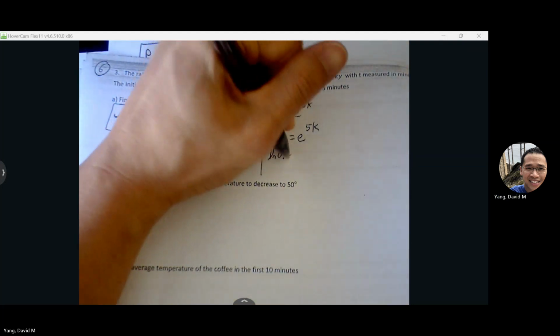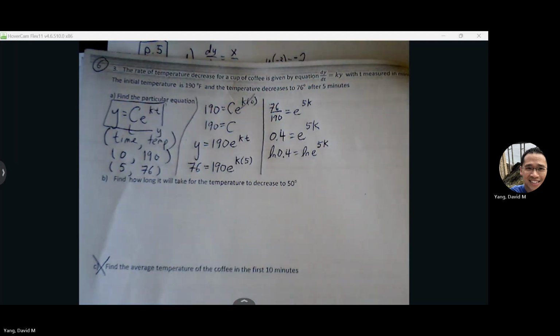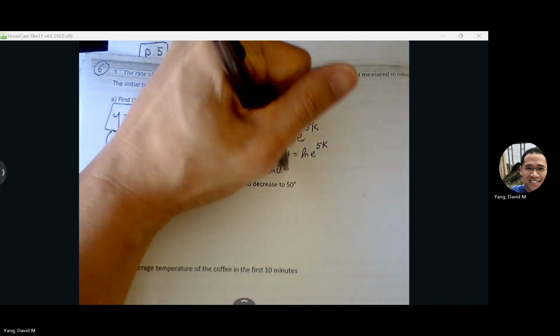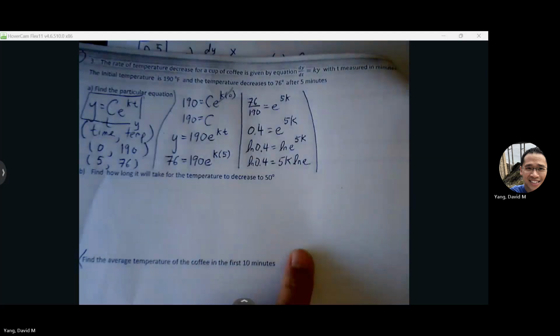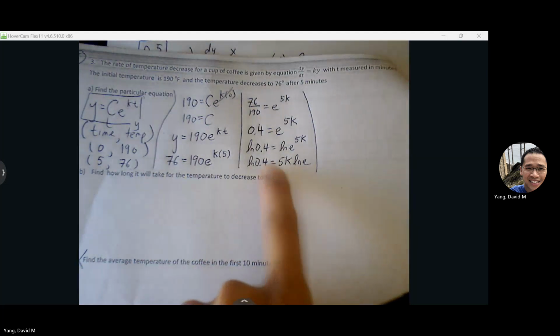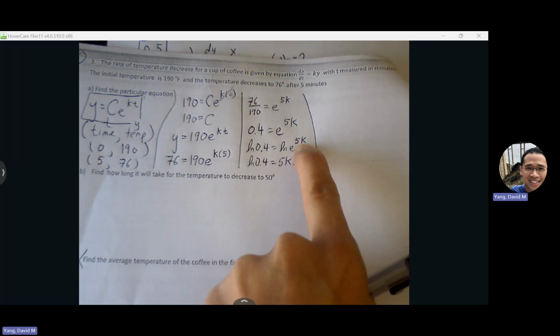All right, take the natural log of both sides. The reason why we want to take natural log of both sides is we want that exponent to come down in front.